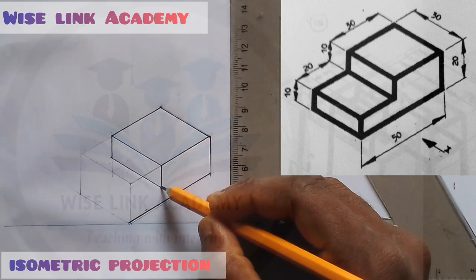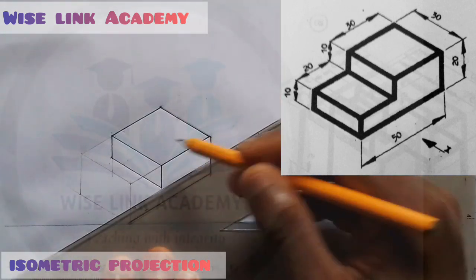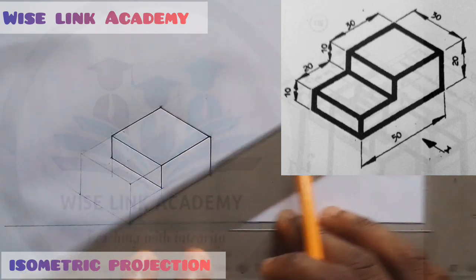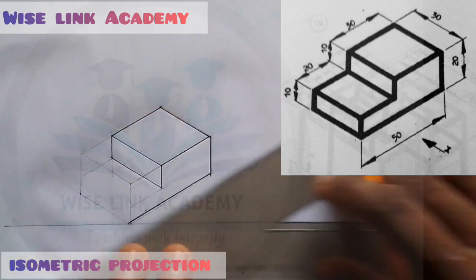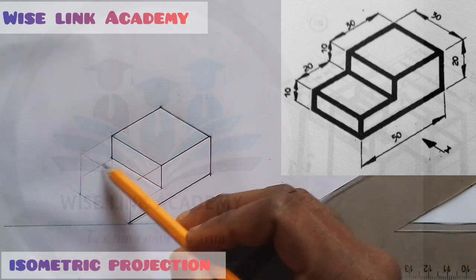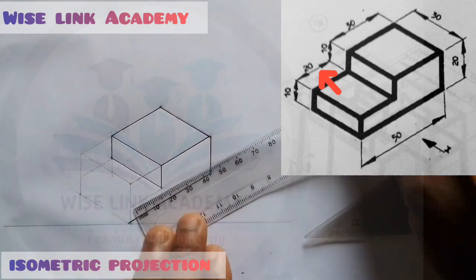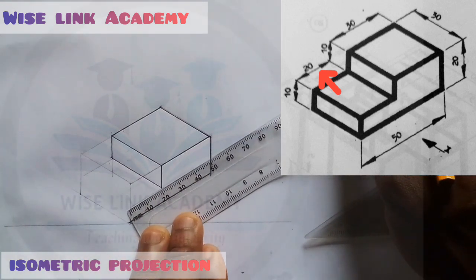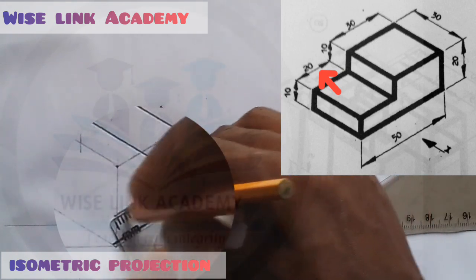At this point here, and at that same point here, I'll draw a line inward this way, also a line inward this way, and the inward is about 20 millimeters. So I'll measure out 20 from here to here, and it's ticked, so I'll tick it in. Here to here is 20.